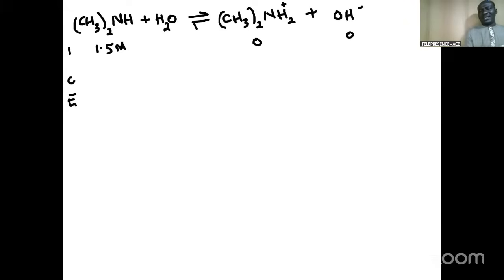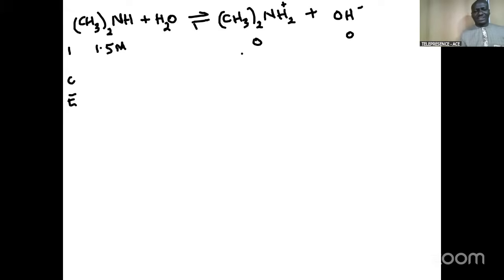Having said that, a careful look at this expression will show that when 1 molar of dimethylamine is consumed, 1 molar of dimethyl ammonium ion will be formed, and 1 molar of hydroxide ion will be formed. In one word, by the time X mole of dimethylamine is consumed, X moles of dimethyl ammonium ion will have been formed, and X moles of OH minus also.